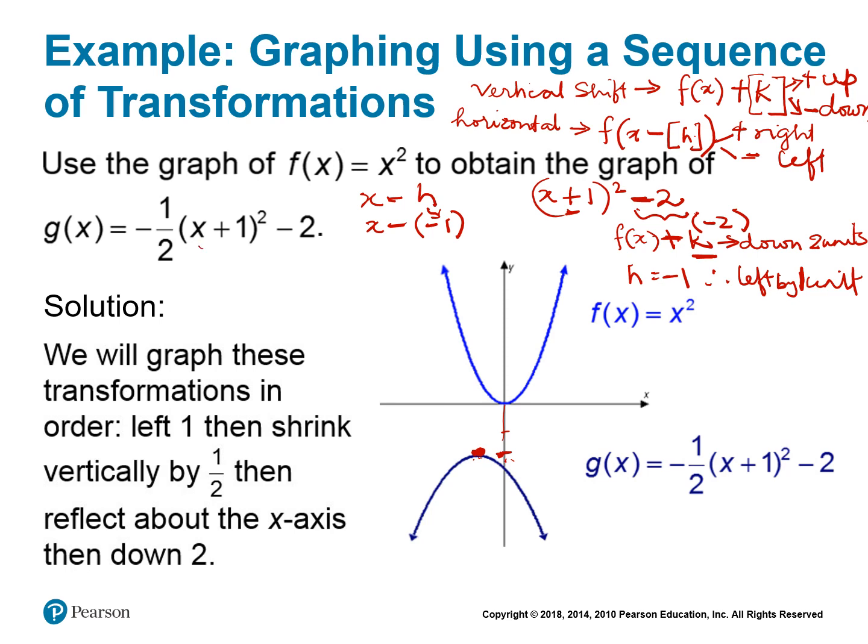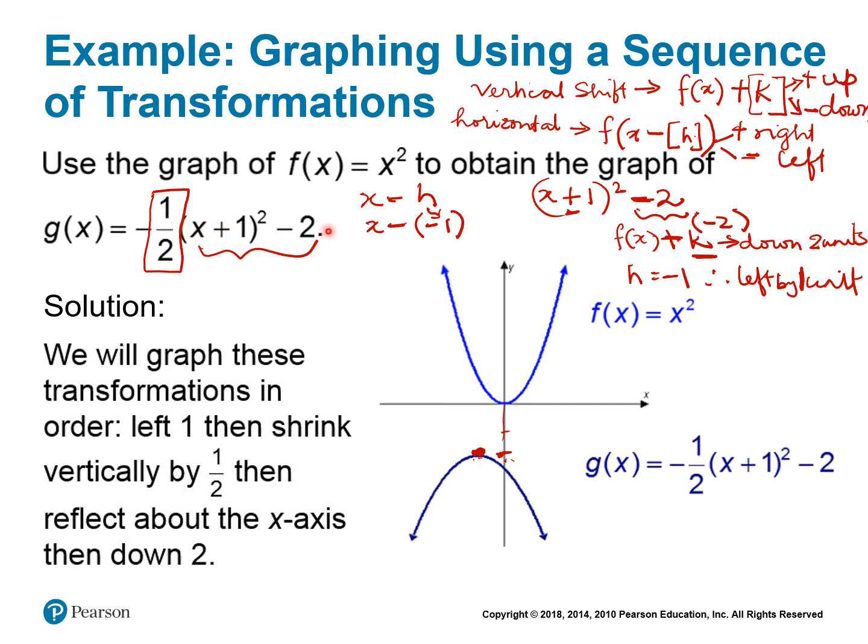Now that we have figured the shifting out, let's look at just this portion here, the multiplicative. Don't look at the negative. I'm not going to look at the negative yet. We'll keep that for the end, right? Just look at the half here. This is the multiplicative.